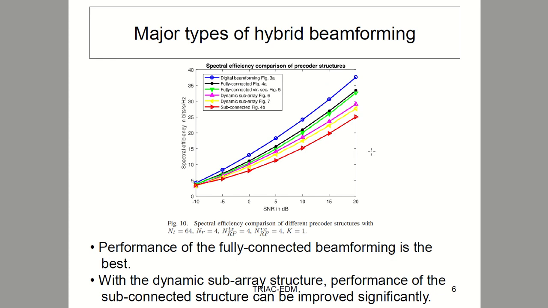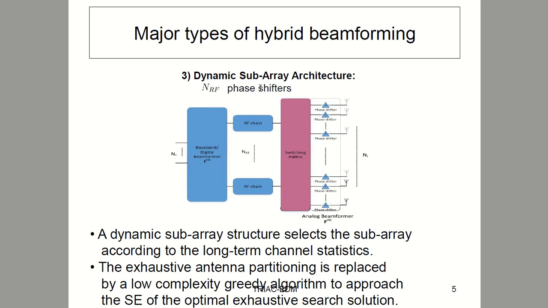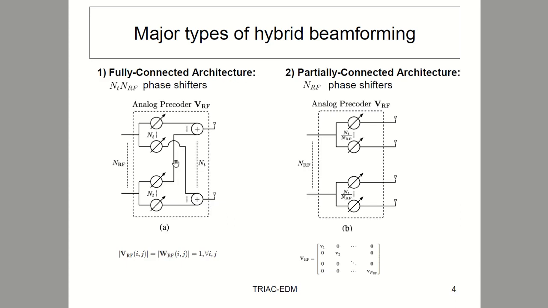Okay, so here is the spectral efficiency, and as you can imagine, when an array is fully connected, let's go back a little bit. When it's fully connected, you get a lot more freedom than with the partially connected one, right? So you expect better performance for the fully connected.